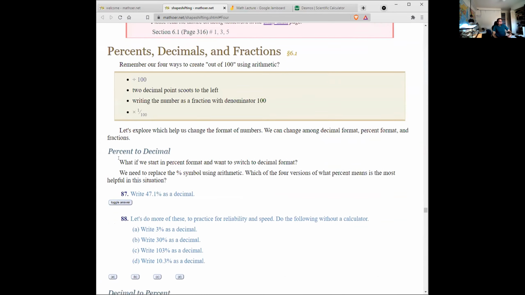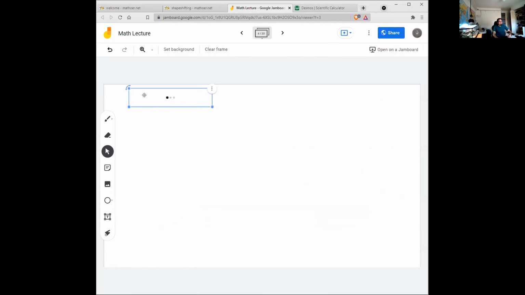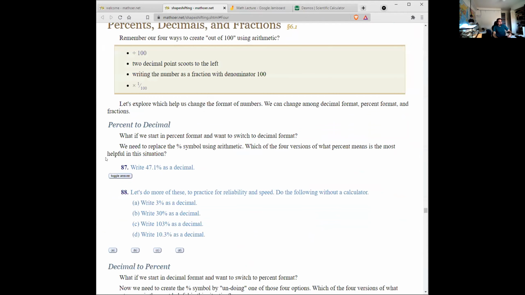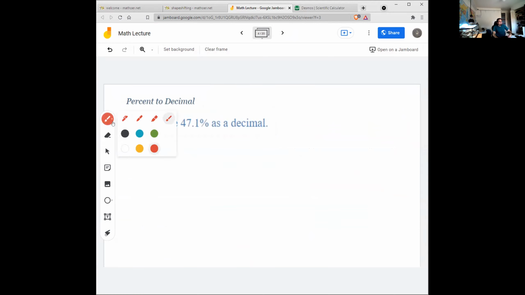Okay, so our first thing to do is a percent to decimal. If I want to write 47.1% as a decimal, I want to take that percent symbol and replace it with something else.